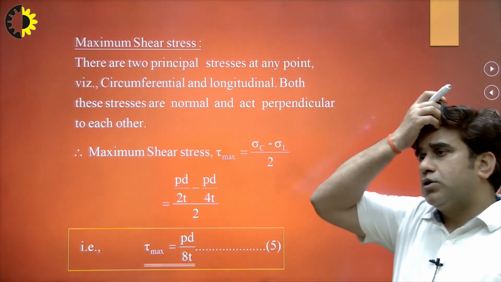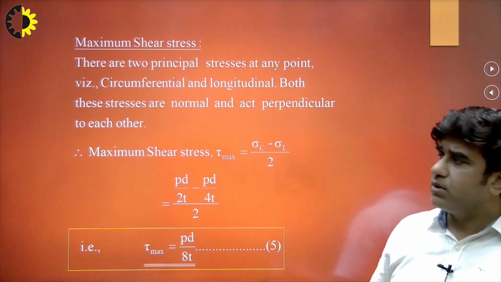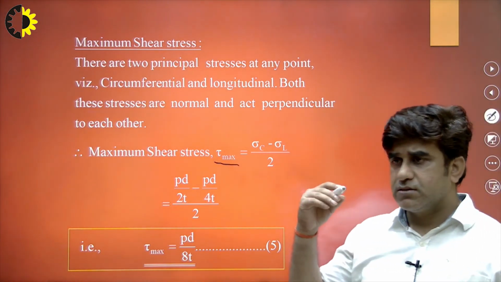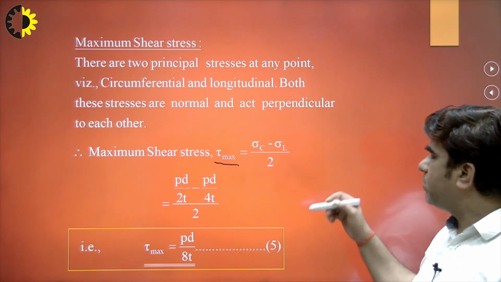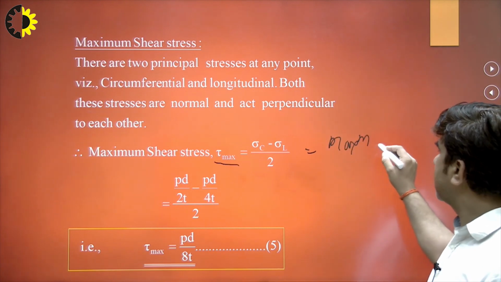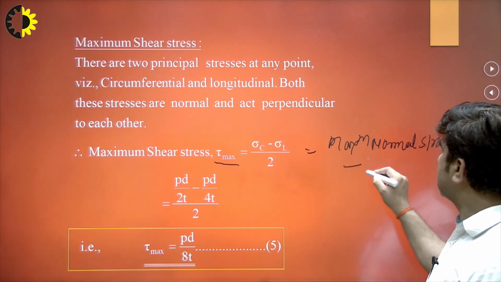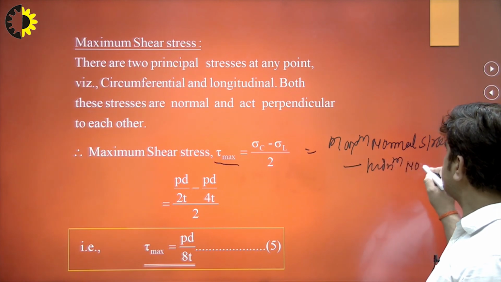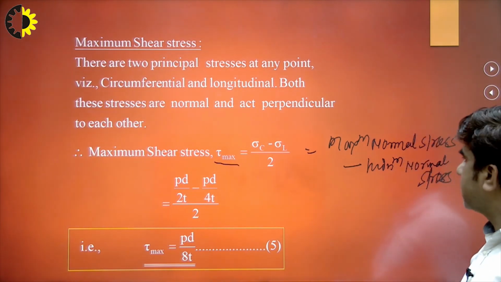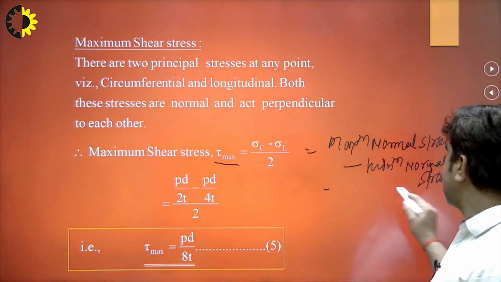So since the two principal stresses are hoop stress and longitudinal stress, then maximum shear stress is tau max, and that is sigma C minus sigma L by 2, because sigma C is maximum normal stress minus minimum normal stress, and these are nothing but the principal stresses as well, because no shear stress is acting on the plane on which these stresses are acting, and that by 2.